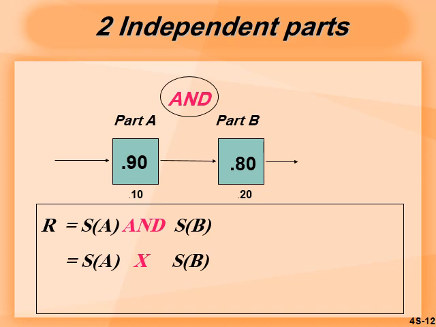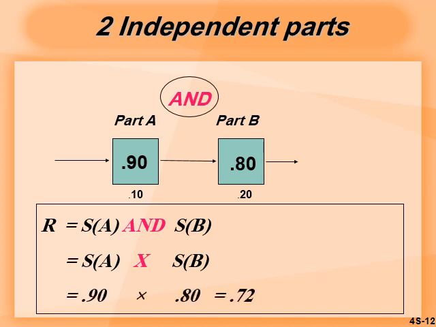Why? Because each of them, either B or A, is necessary for the system to perform. So if its probability equals 0, we will get 0 performance or 0 reliability for the whole system.